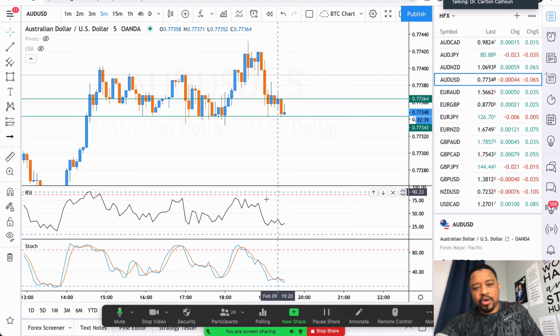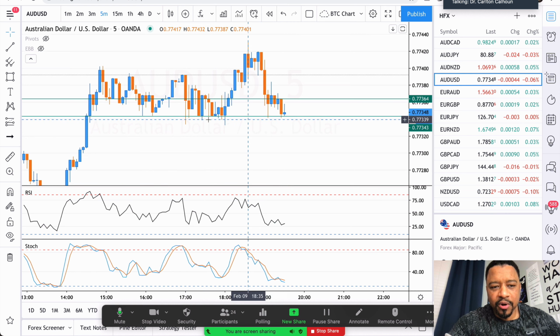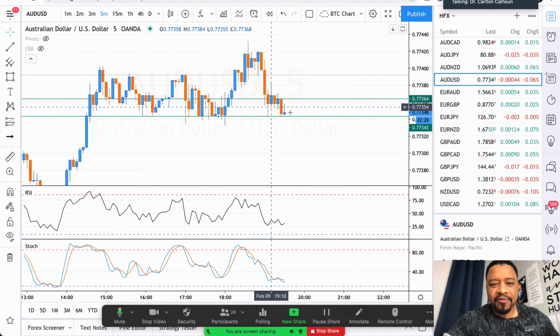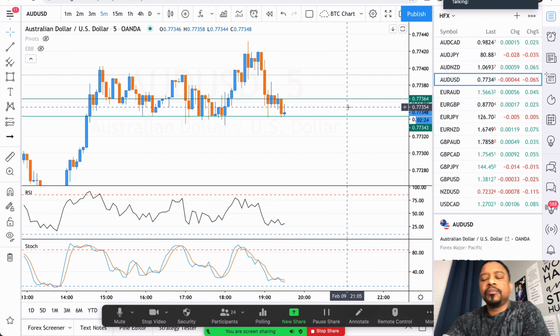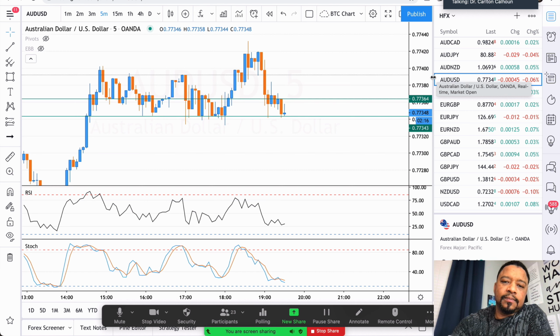Even though my conditions aren't met, it looks as though it could potentially break this support, and then I have enough candle that needs to be mitigated where I will be confident in taking a 2 to 3 minute put. So if it breaks that, get ready.